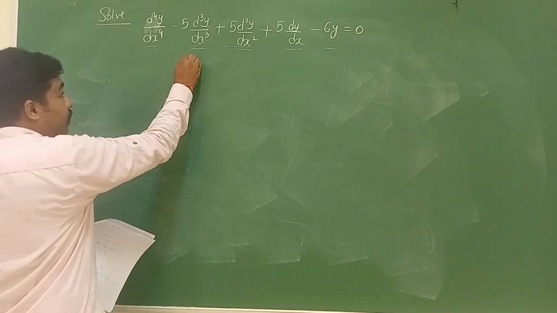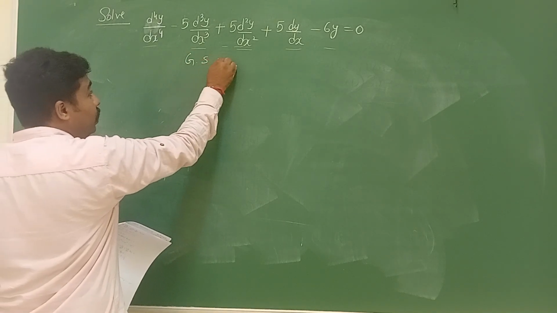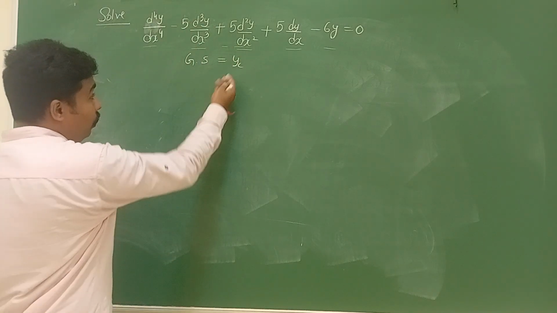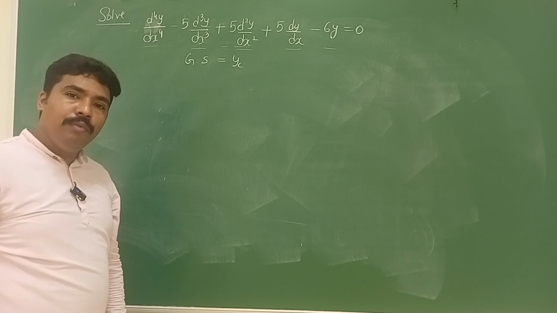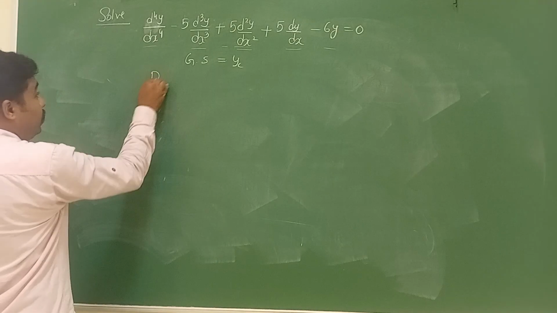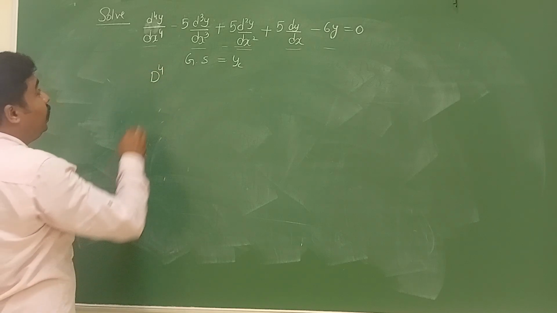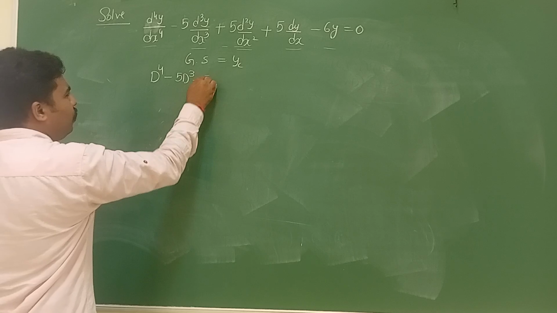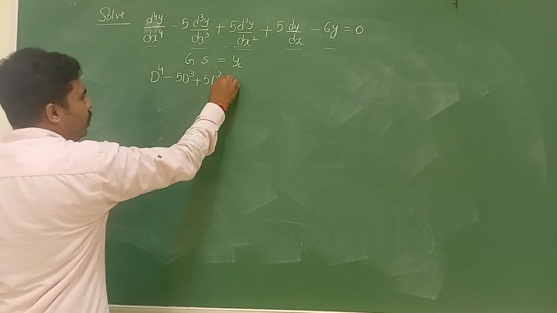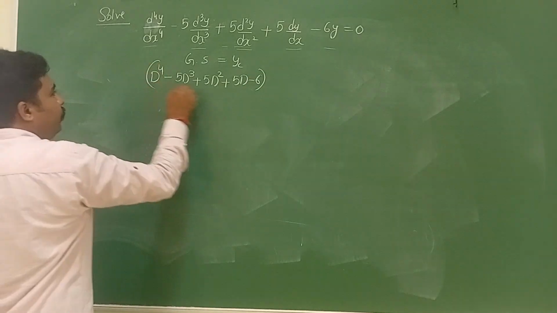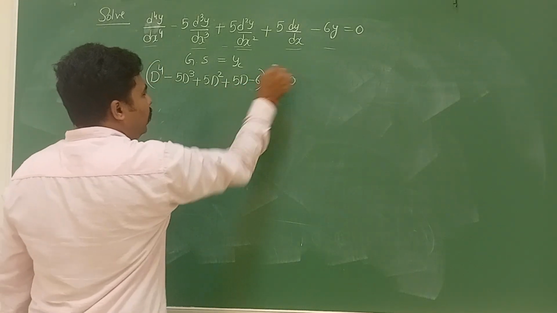For a homogeneous differential equation, what is the general solution? The complementary function, that is yc. So to find the complementary function, what do we have to do? We have to write the auxiliary equation. To write it, first I will write this in standard form: D power 4 minus 5D cube plus 5D square plus 5D minus 6, into y, equal to 0.